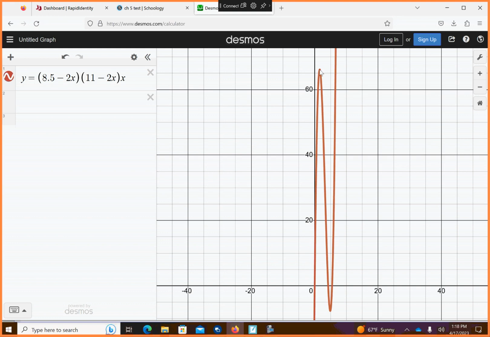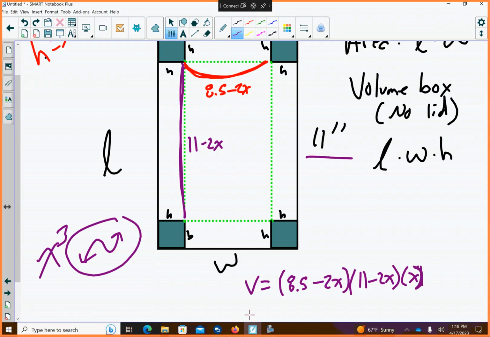So if I find this vertex right here, that means that my little square I cut out of each corner is 1.585. So if my little tiny cut out of here, this right here is 1.585. Okay, so I cut 1.585 inches off of each corner.